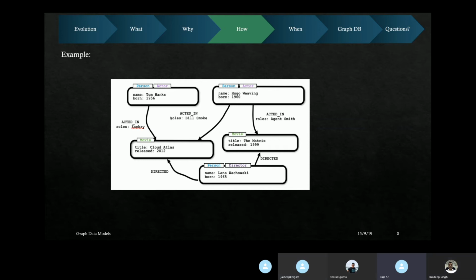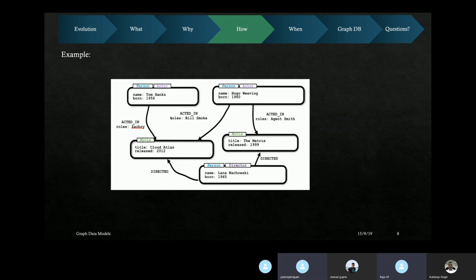These are abstract definitions. But when you talk about actual instances, you say Tom Hanks is a person. If you are very strict about schema, when you create Tom Hanks, you will follow the schema and define those attributes: name, where he was born, when he was born. By strictly adhering to the schema, you will not add anything more, and you won't say anything less.